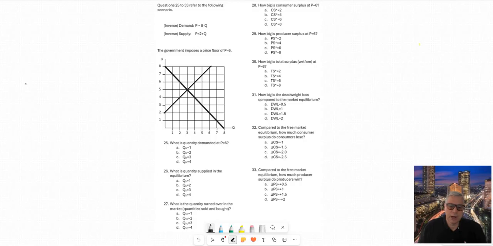Okay, so now if you remember, we had the market equilibrium.